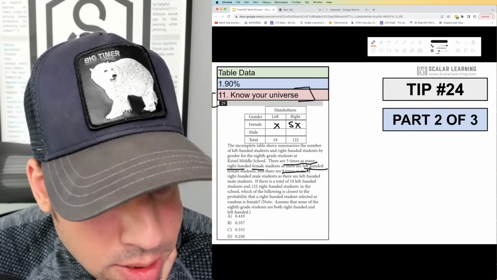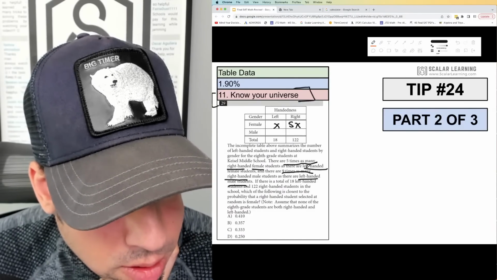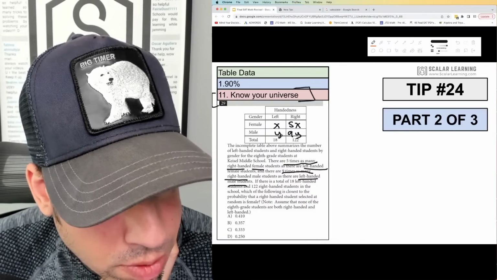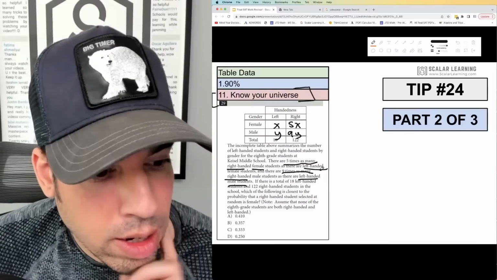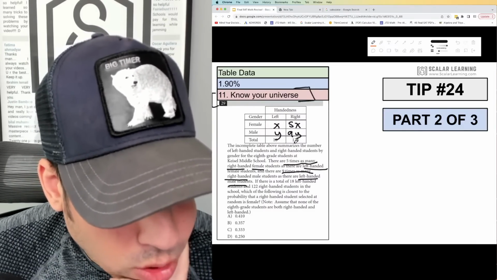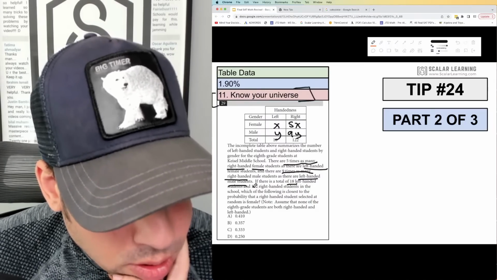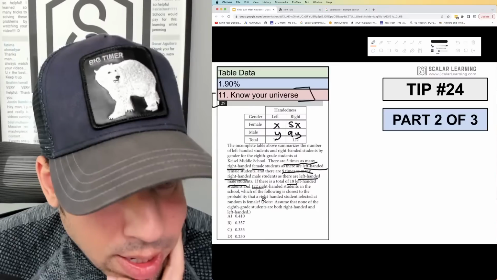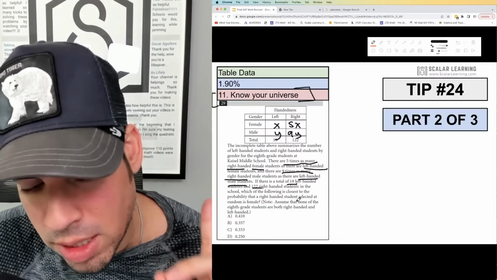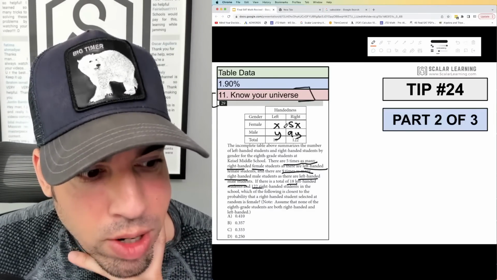And there are 9 times as many right-handed as there are left-handed. 9 times, and I'm using a different variable. Okay. And then if there's a total of 18 left-handed and 122 right-handed in the table, which of the following is closest to the probability that a right-handed student selected at random is female? Now, we're going to come back to knowing your universe in a second. But first, let's solve for x and y.